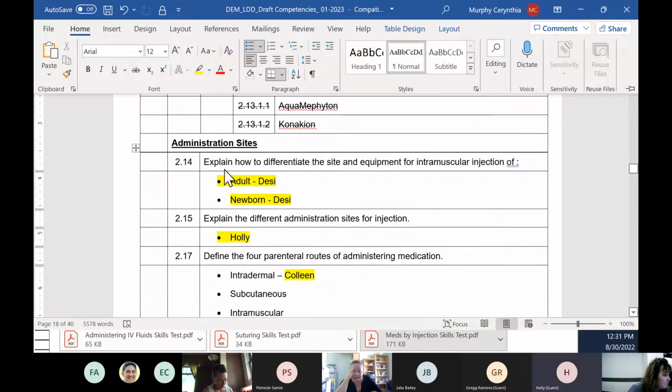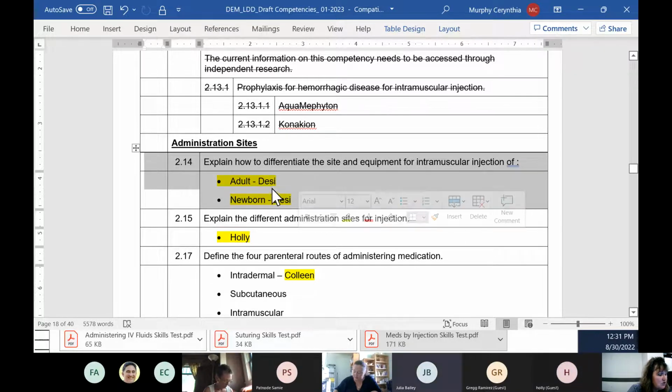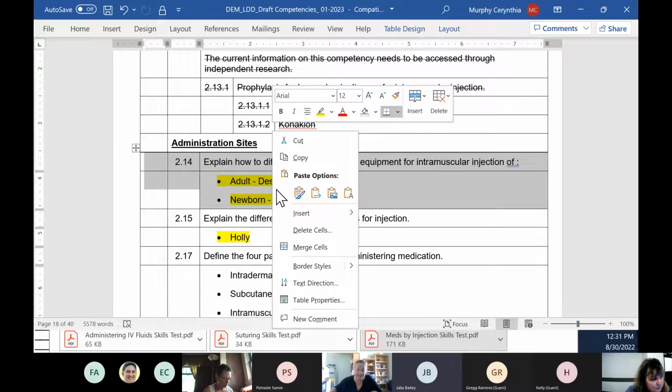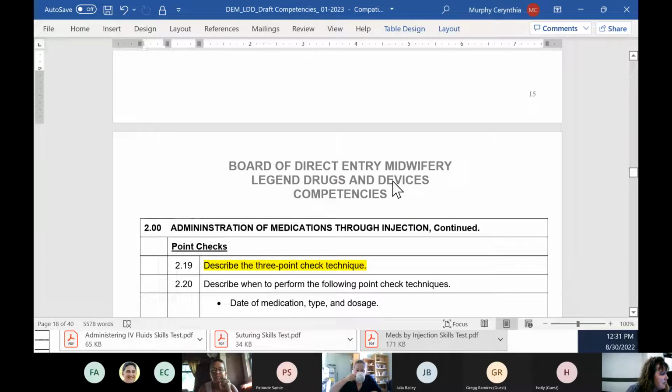We changed the wording, but this is almost an exact duplicate of what 2.14 was. We don't need it a second time. Okay, we added in equipment, didn't we?